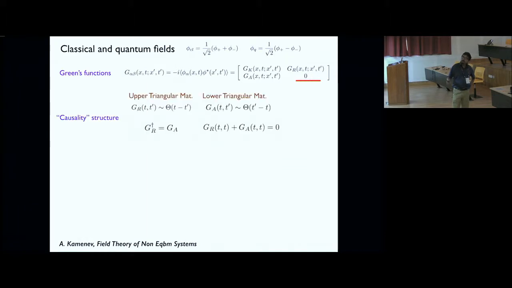You have some more conditions: that this G^R and G^A must be dagger of each other. This is upper triangular and lower triangular matrices. And there's this crucial thing that G^R at equal times (t, t) plus G^A at (t, t) must be zero. This ensures certain commutation relations are kept correct. And the Keldysh component is an anti-Hermitian object that is sitting there.